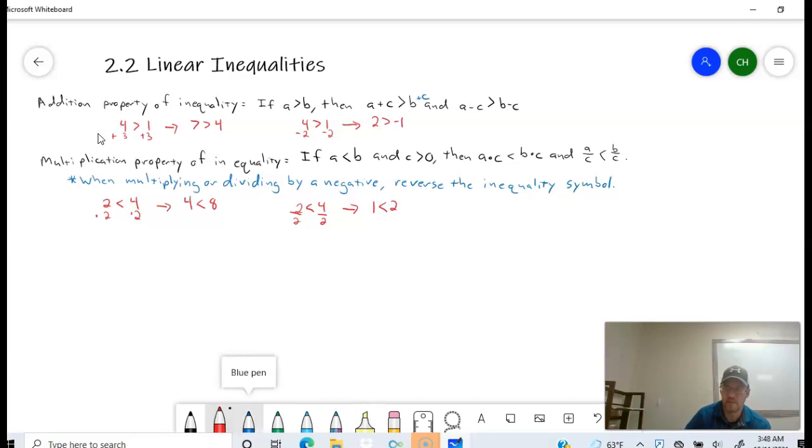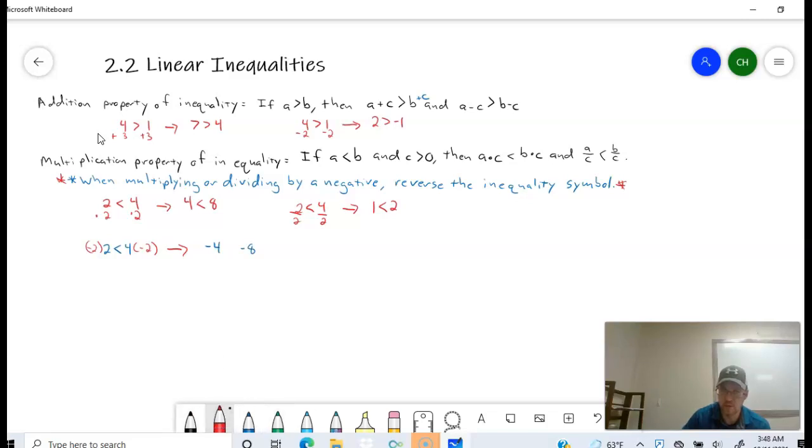But I've got to note that when I'm multiplying or dividing by a negative, I'm going to have to reverse my inequality symbol. So we'll look at an example of why. If I had 2 is less than 4, and I multiply both sides by -2, then I would get -2 times 2 is -4, and on the other side 4 times -2 is -8.